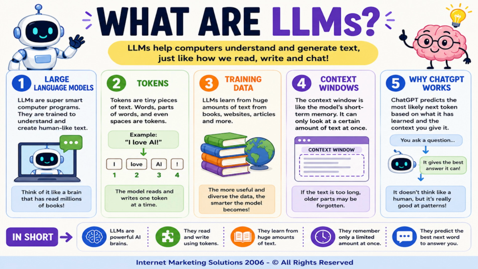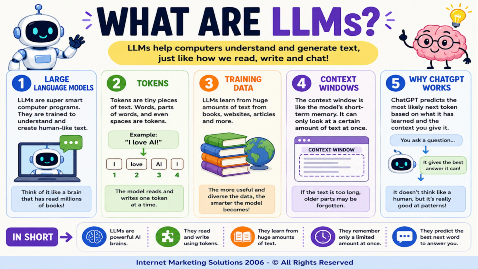It learns how sentences are formed, what words usually come next, how humans ask questions, and how people communicate. But here's something important. LLMs don't actually understand things like humans do. They predict patterns. Think of it like a super advanced autocomplete, but on an unbelievable scale.